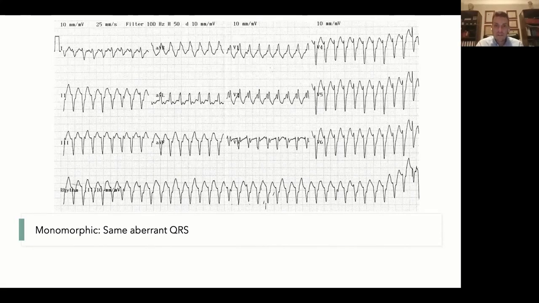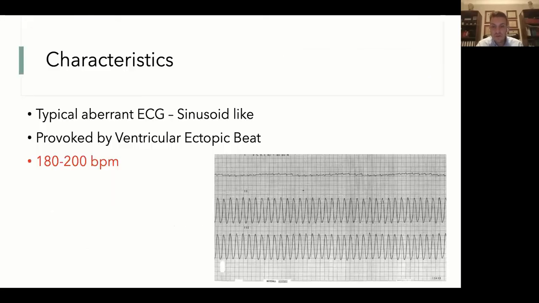If you look at the flutter, this is not present. They're linear, sinusoid-like. This is the primary difference. The morphology of the QRS will be different. They both fire at a very fast pace, but the morphology is completely different. Does this cover you?